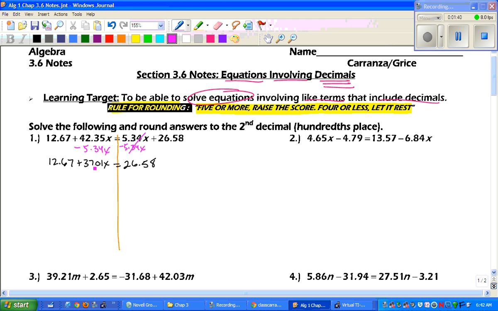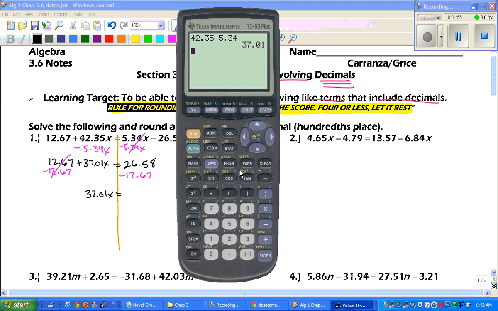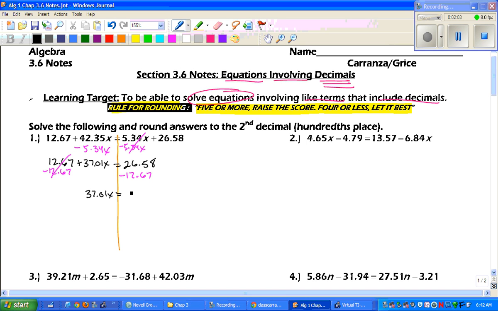Okay, my x is on the left-hand side, so I need to get rid of this 12.67, and we're left with 37.01x equals 26.58 minus 12.67, and you get 13.91.